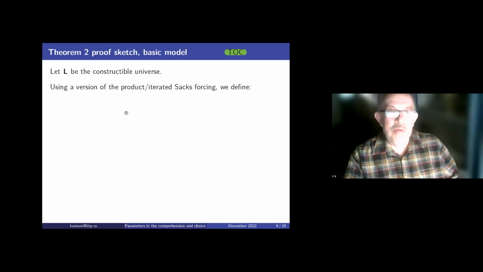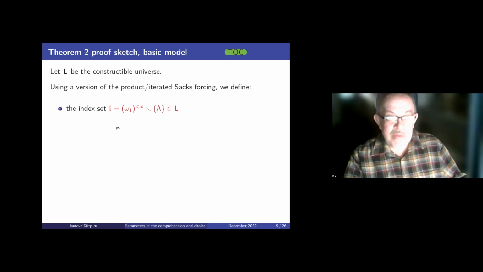So how does it work? Well, consider an index set. It is just a set of finite strings of countable ordinals, not including the empty string.